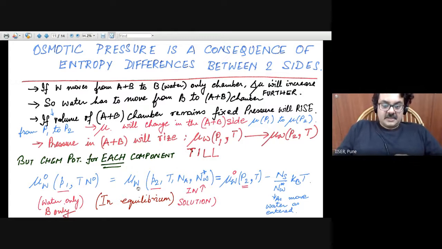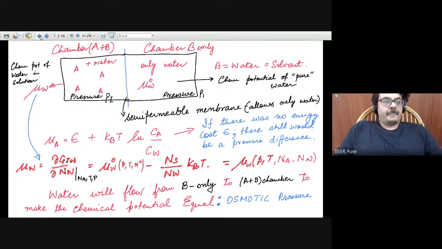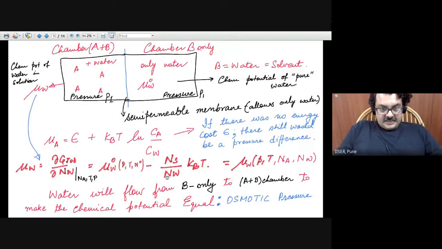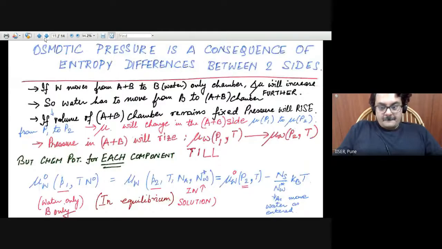But what is this quantity? At pressure P2, as we found out from this formula, it is the chemical potential of pure water at pressure P2 minus the fraction Ns by NW star into kBT, right? I'm just using this, except now NW0 is for P2.